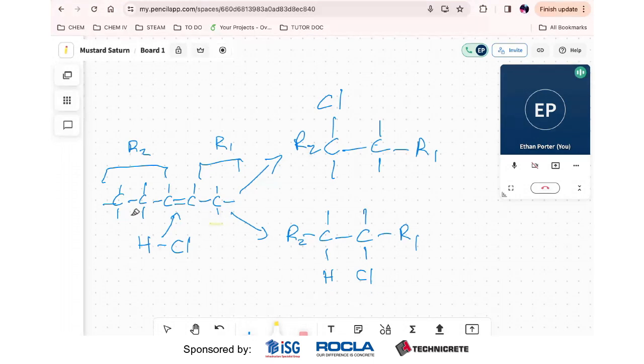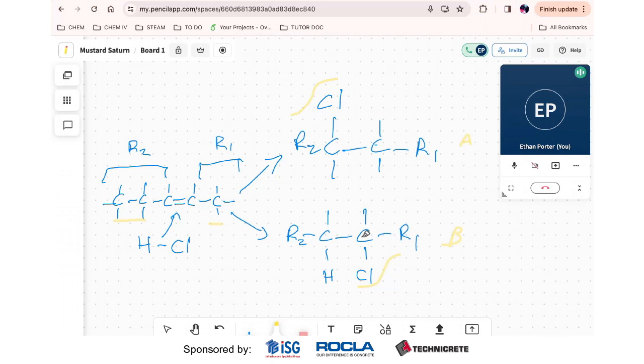As you can see, this is one carbon, this is two carbons. R1 and R2 are different. Technically, you have a different molecule if Cl adds closer to R1 or if it adds closer to R2. So the answer to this question is basically these. This is A and B. It doesn't matter which way you denote it.